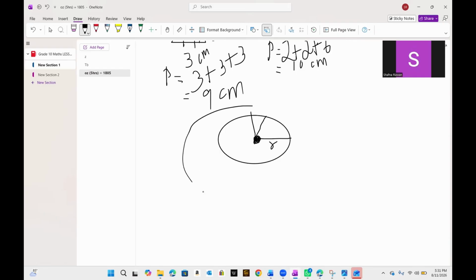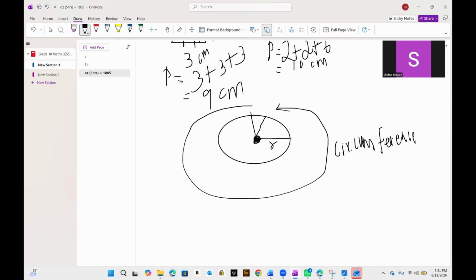what? Circumference. Remember that circumference means the total length of this circle. Always remember, circumference means the total length of the circle.